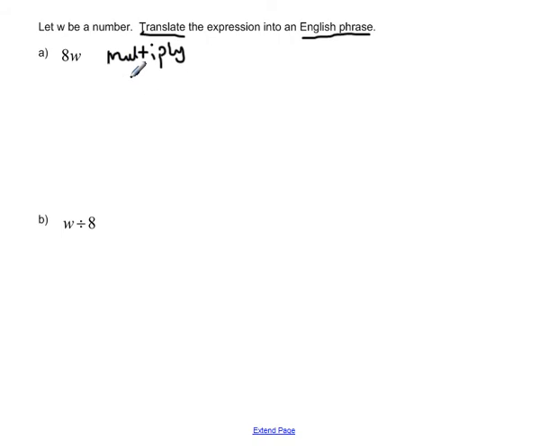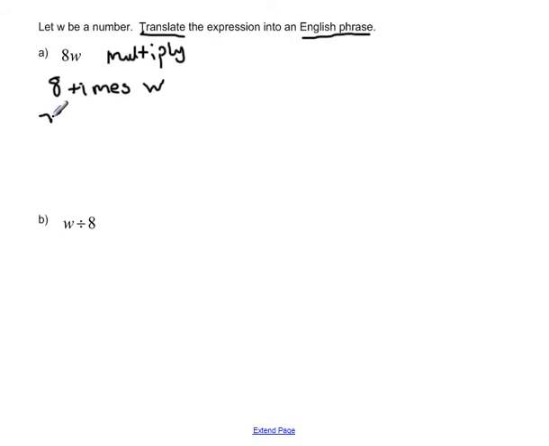So let's think of some different ways to talk about multiplication of these two things. So one way we could certainly say it, we often use the word times for multiply. So we could say 8 times W. That would be a fine way to say it. We could also use the word multiply.